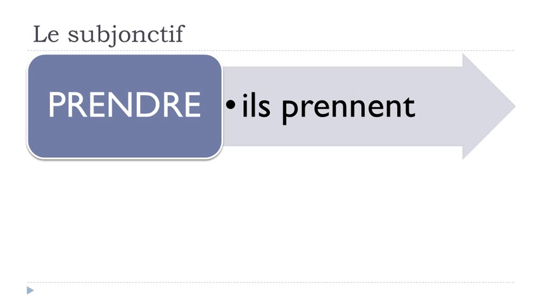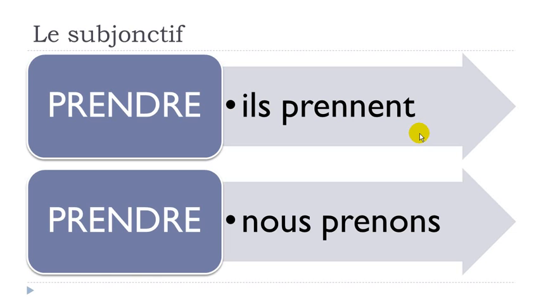As I told you, the idea is to take the present form of the verb. The first one we should take is the third person plural, and it goes like ils prennent. Prendre is to take. Ils prennent, that's the present form for ils. And then we've got nous prenons. Remember, we're using this nous prenons form for nous and for vous of the subjunctive.